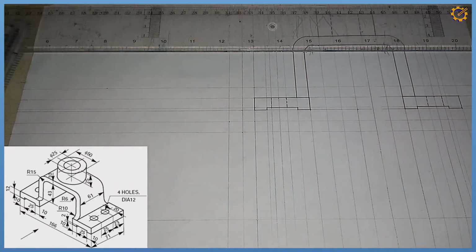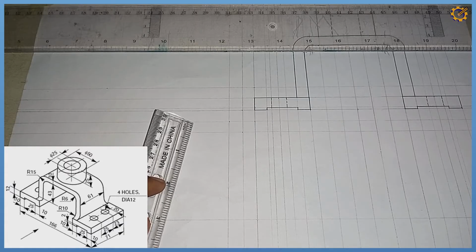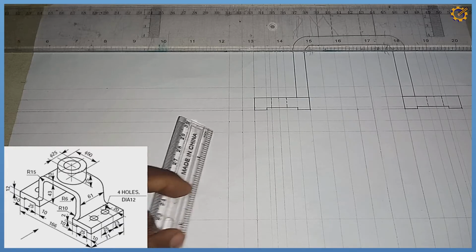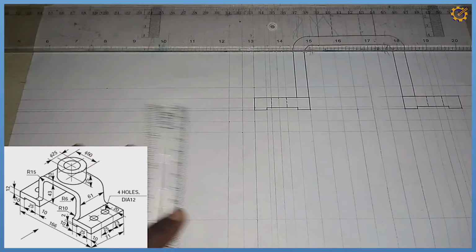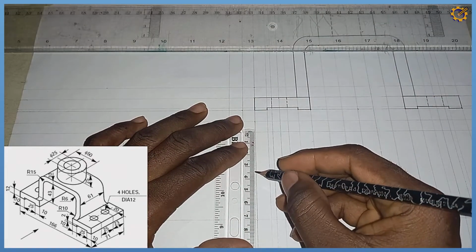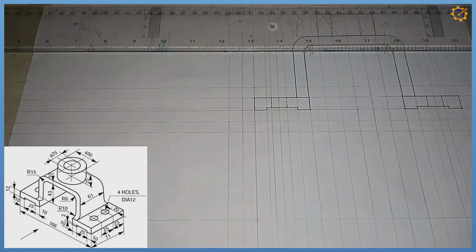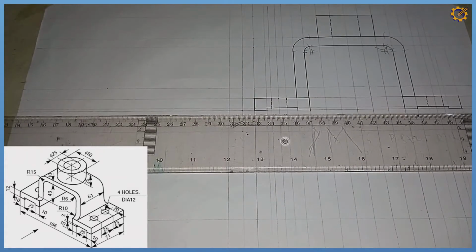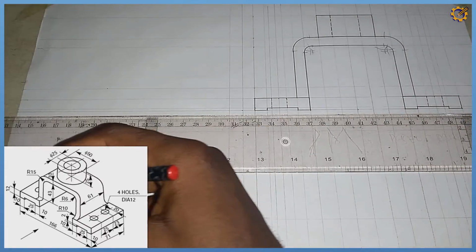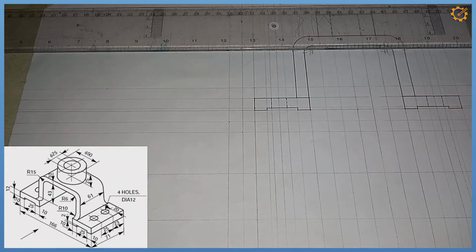Okay, after doing that, now, the midpoint of 71 is 35.5. So with my ruler, let's get the midpoint, 35.5. Yeah, it is possible. This 35.5 right here. I'm going to project that also horizontally. Okay, horizontally like this. That also settled. Now what's next?